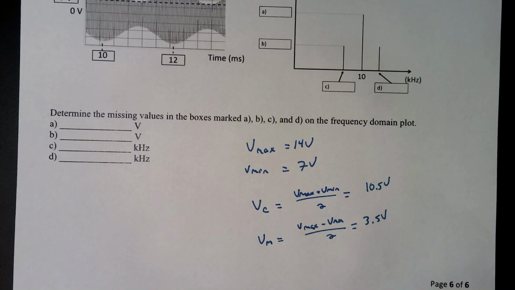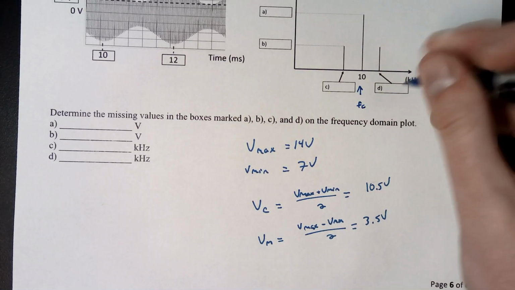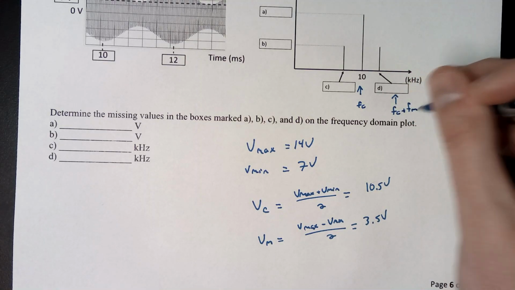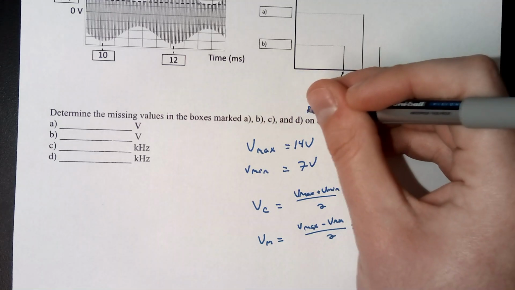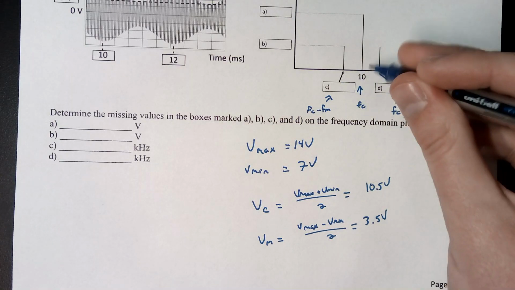It's not quite what goes into our chart yet. We know that the middle spike is Fc. This is Fc plus Fm. This is Fc minus Fm, right? The lower sideband and the upper sideband, and then the carrier frequency.